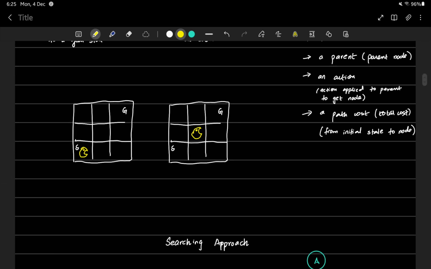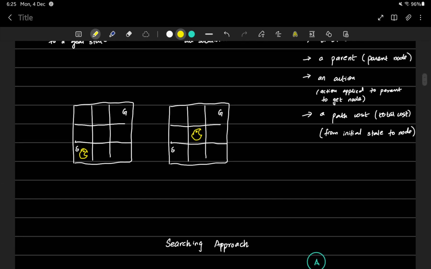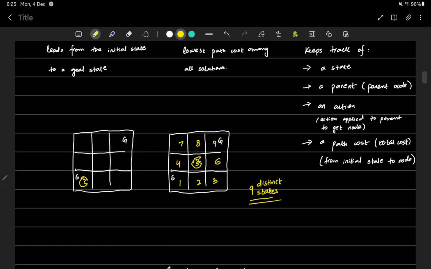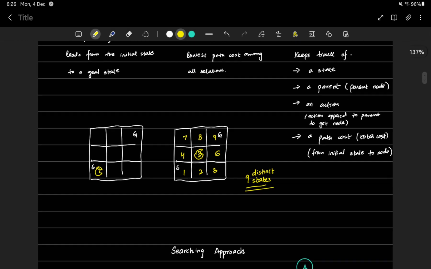So this is another state, right? And there can be a lot of states here, right? There can be 9 states in this grid world, because there are 9 places where my agent can be, right? So there can be 9 distinct, or you can say different states, right? So state is a very simple thing.